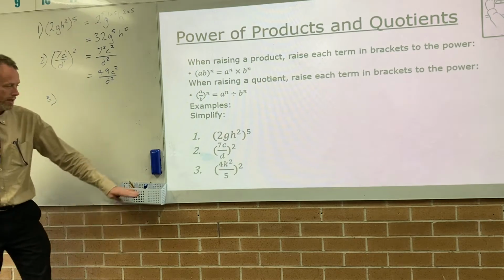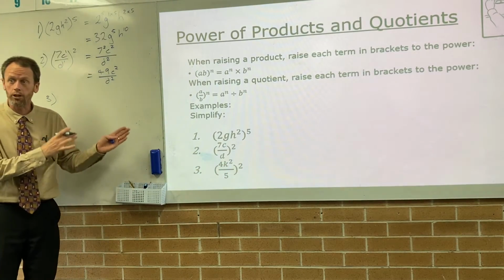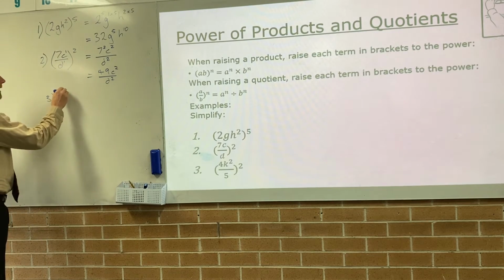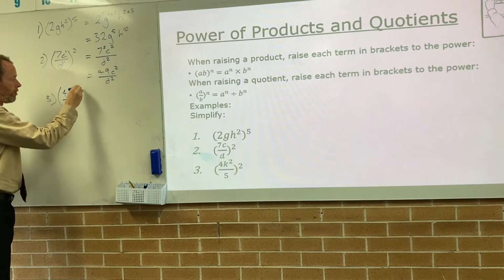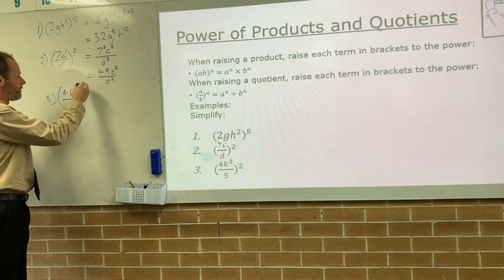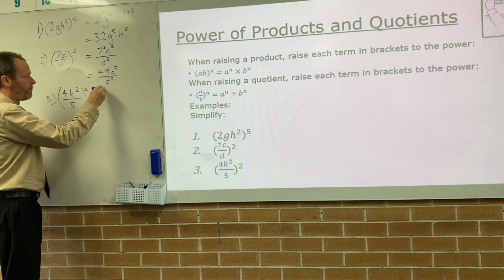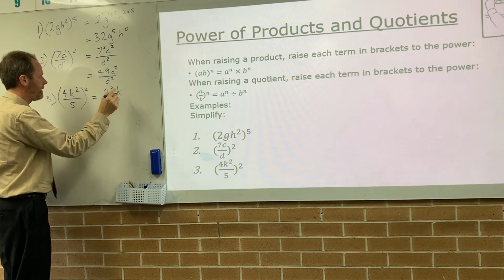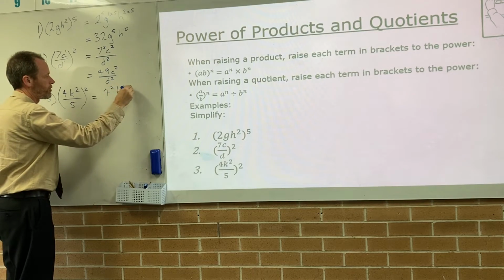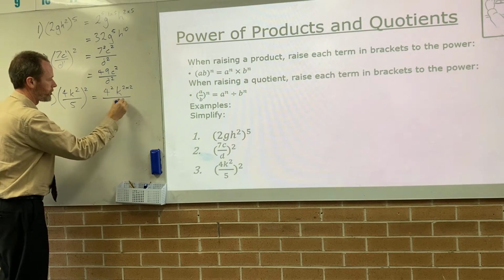Question 3. 4k squared divided by 5. Again, every term has to be raised to the power. 4k squared over 5, all to the power of 2. Alright, so we've got 4 squared, we've got k squared times 2, and we've got 5 squared.